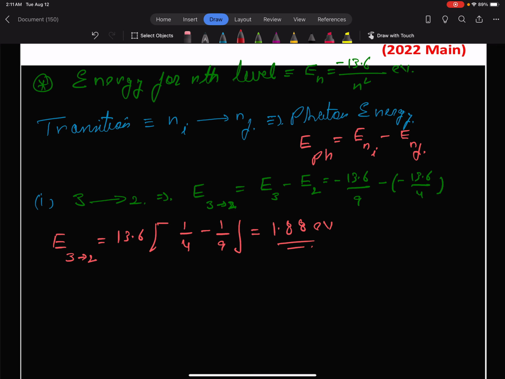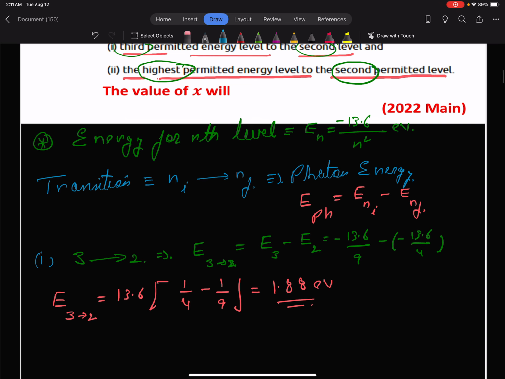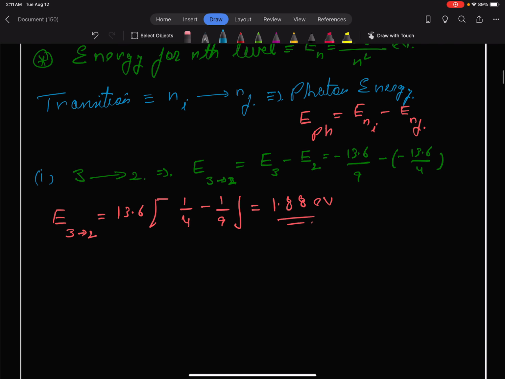And in the second option, it's at the highest permitted level. So obviously the value of n in highest will be infinity. So for the second, we can say the infinity to 2 transition, and energy in this case will be E infinity to 2, which will be giving us E infinity minus E of 2.